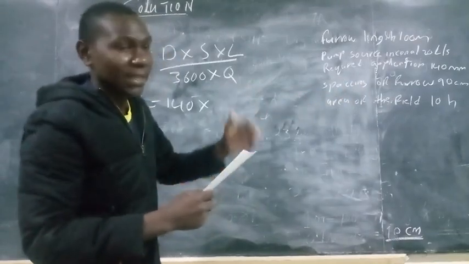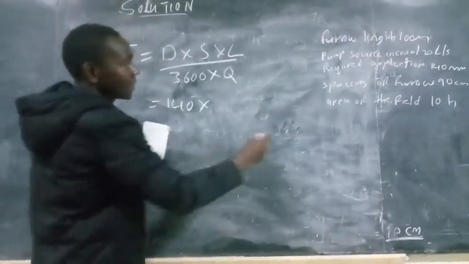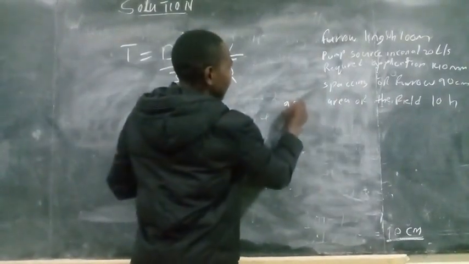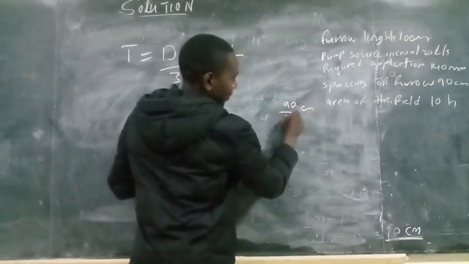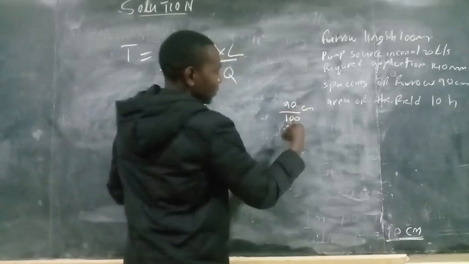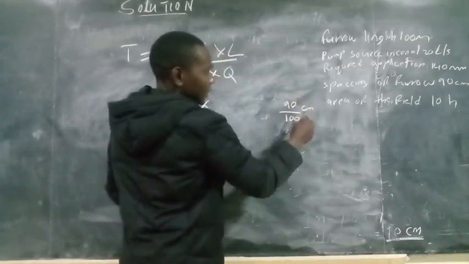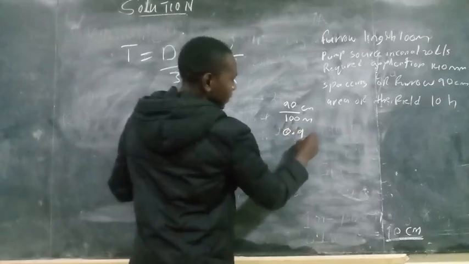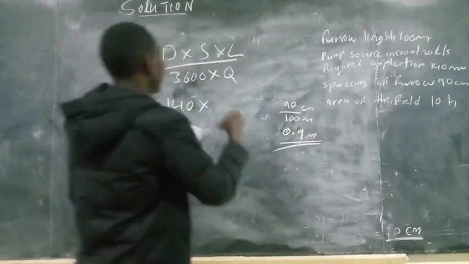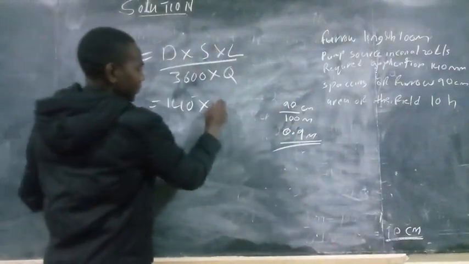Now we have to convert that into meters. So we are going to say 90 centimeters over 100 for us to convert from centimeters to meters. Here we'll get 0.9 meters, the one we are going to use as our spacing.